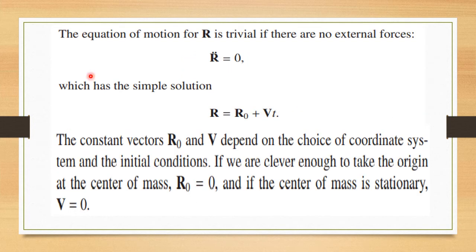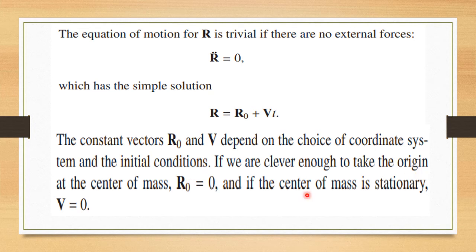Now if there are no external forces, you know that the equation of the center of mass is R double dot equal to 0. The solution of this equation will be R equal to R0 plus vt. The constant vectors R0 and v depend on the choice of the coordinate system and the initial conditions.